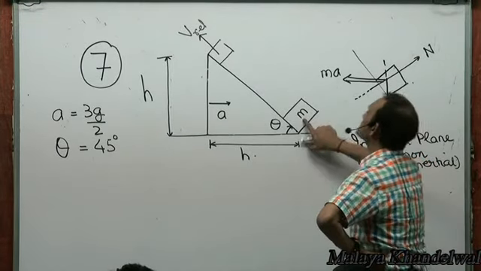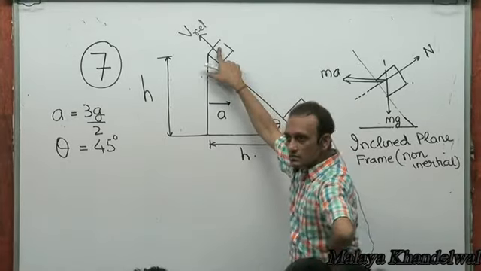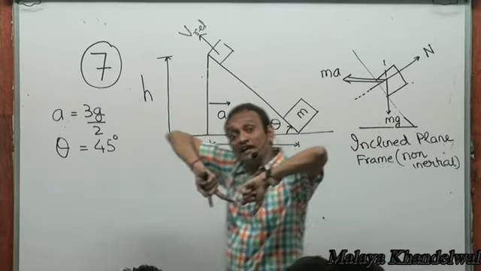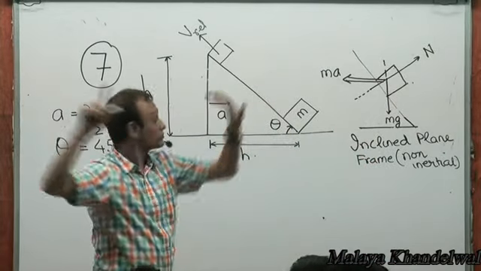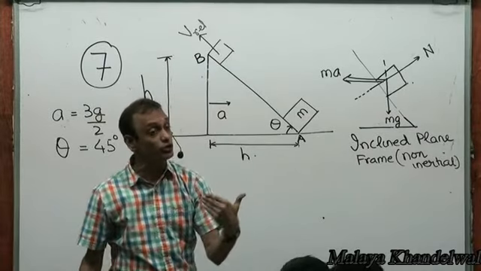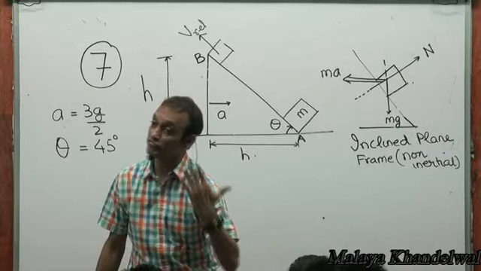Now, between this state and this state, I'm going to apply the work energy theorem in the inclined plane frame of reference. Between state A and the state when it's about to leave the inclined plane, vrel is not the absolute velocity of the mass, it's the velocity in the inclined plane frame of reference.